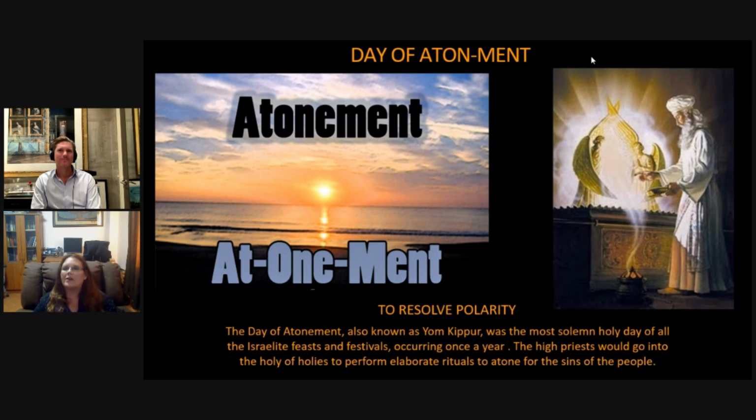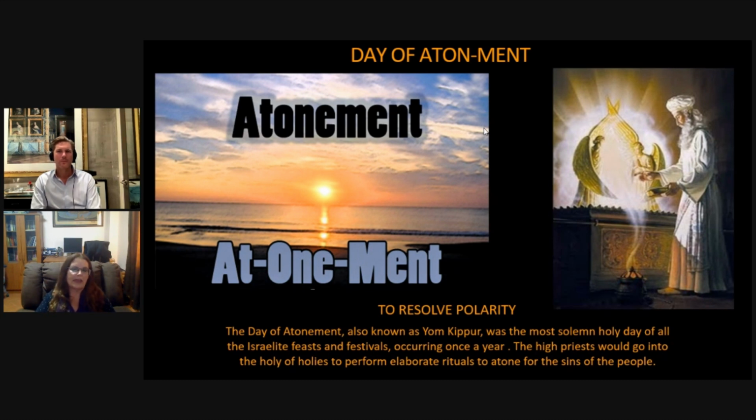And this comes from the early Hebrews, right? To resolve polarity. The Day of Atonement, also known as Yom Kippur, was the most solemn holy day of all the Israelite feasts and festivals, occurring once a year. The high priest would go into the Holy of Holies, that place in each temple where heaven and earth meet, right?